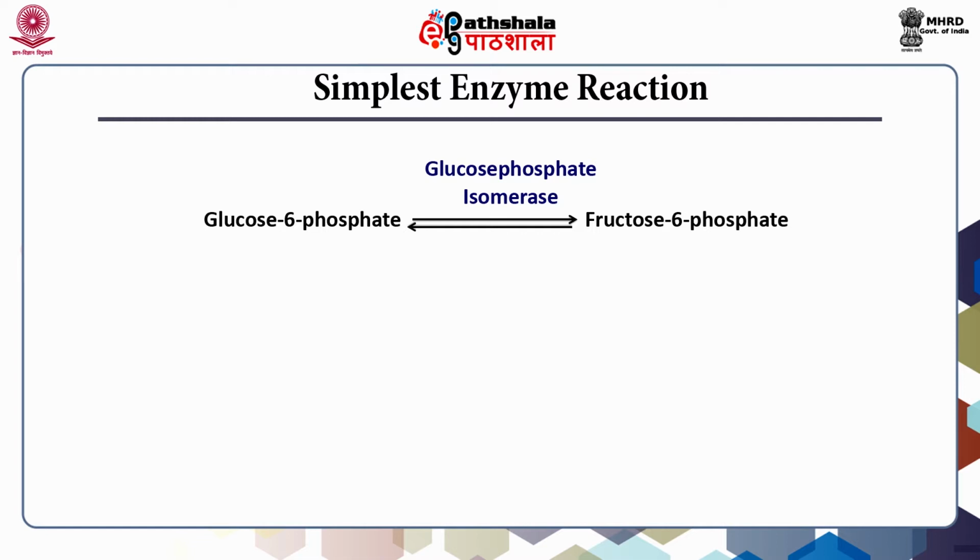Consequently, either glucose 6-phosphate or fructose 6-phosphate can act as a substrate depending upon the level of each and the metabolic needs of the cell. The reversible reaction sequence for glucose 6-phosphate isomerase can be represented using a reversible arrow for each reaction.